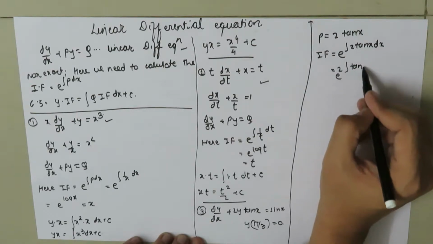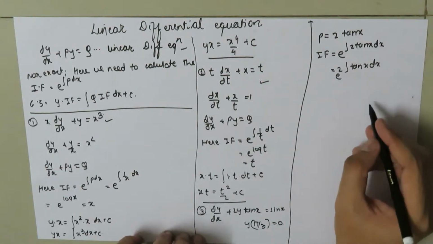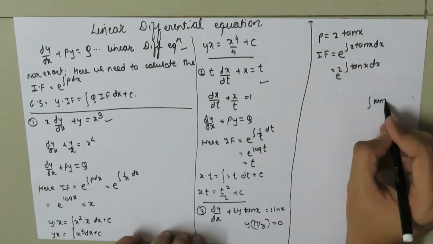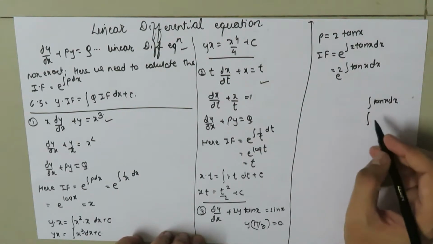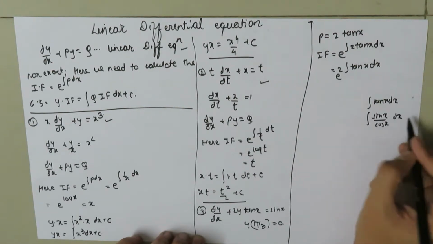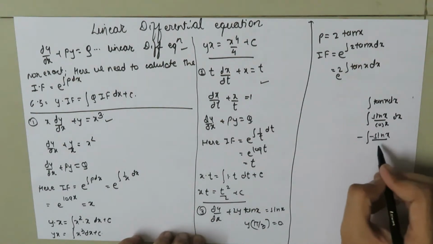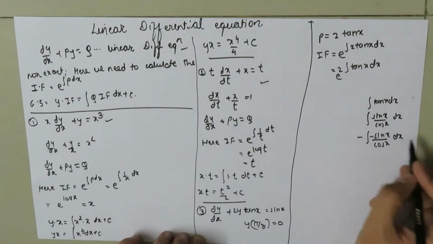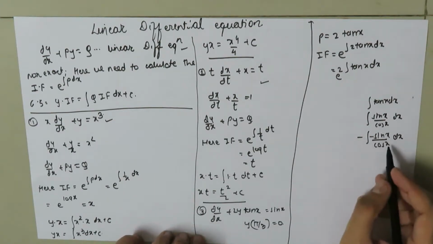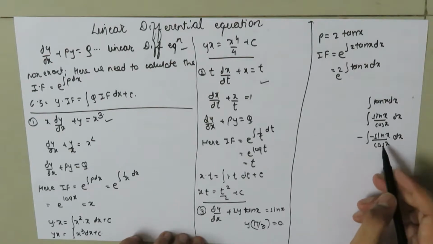So now this integration of tan x dx can be written as integration of sin x upon cos x dx, so negative integration of negative sin x upon cos x dx. So this is in the form of integration of f dash x upon f of x, which will be log of f of x.